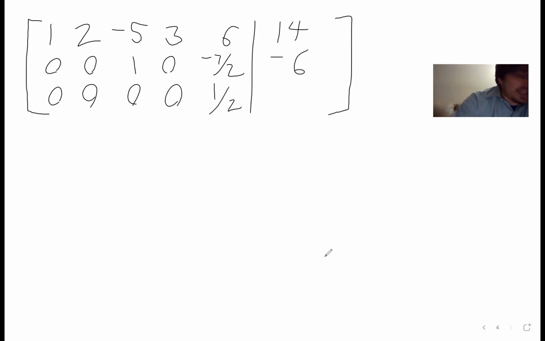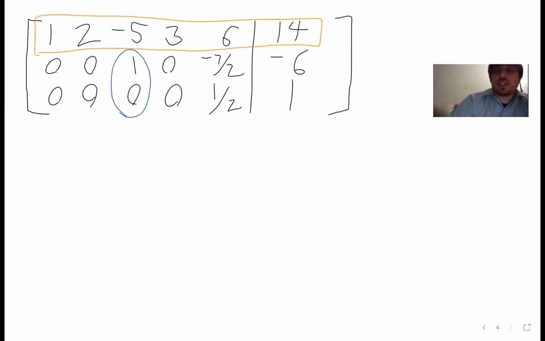Because you get this. This again is the covered up topmost row. This was the leftmost non-zero column. This is the leading 1 we introduced at the top of that column. And this is the entry that used to be non-zero, which is now 0, because we added -5 times this row to this row to get this.